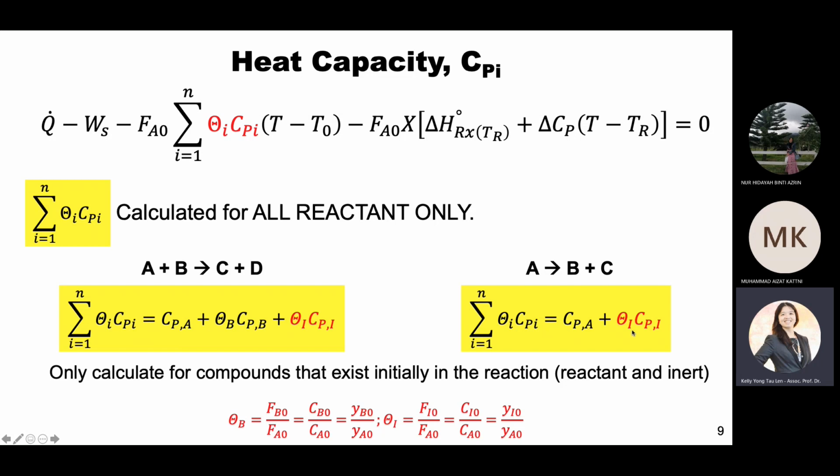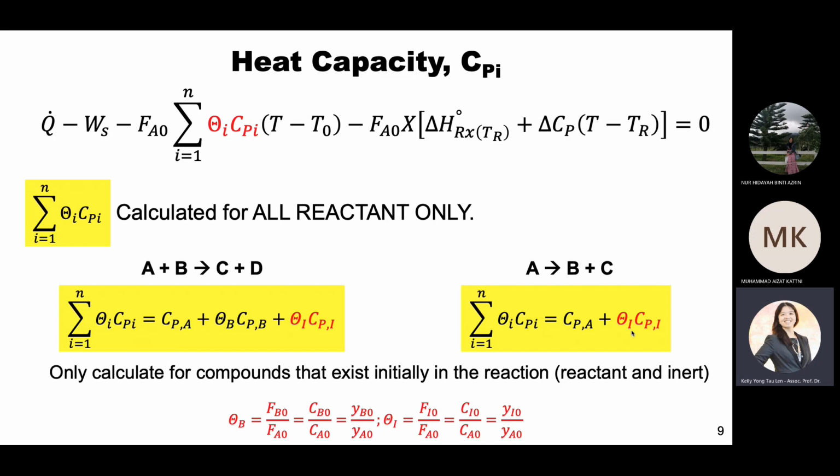So kalau kamu perasan dalam kes kedua dah tak ada untuk theta B CPB, because in the second case we consider that now we no longer have B as a reactant, but in this second case B now is a product. So that's the part yang kadang student you have to really understand bagaimana equation ni berubah.